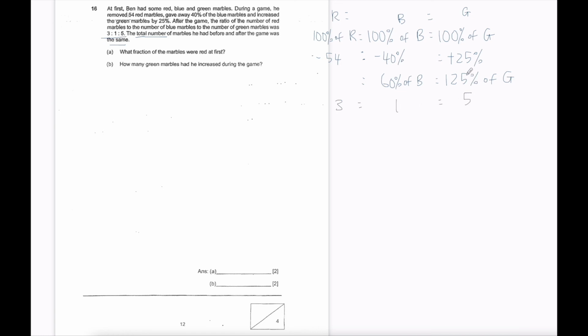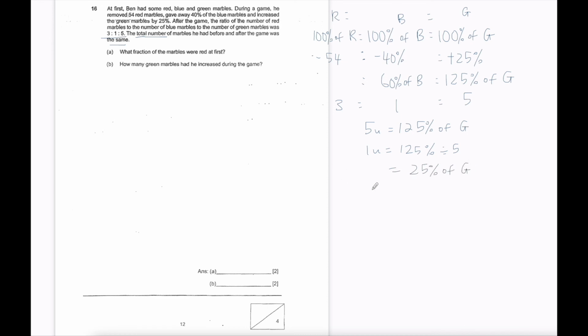Okay, so from here, what we can see is that 5 units equals to 125% of green. Okay, so that means that 1 unit equals to 125% divided by 5, which is 25% of green.